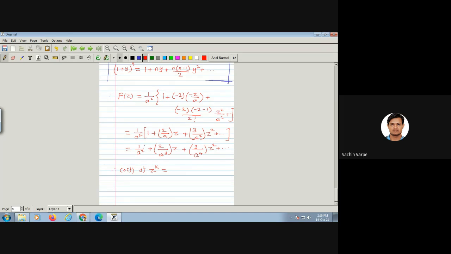At first position, or we can say at the 0th position, it is 1, right? At the 1st position it is 2, at the second position it is 3. So what will it be at the kth position?